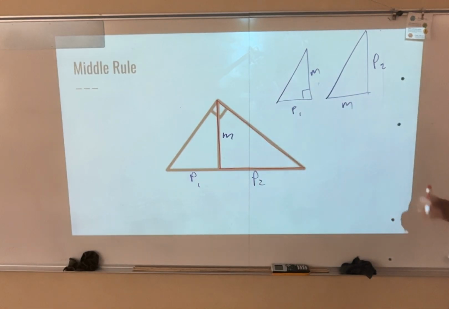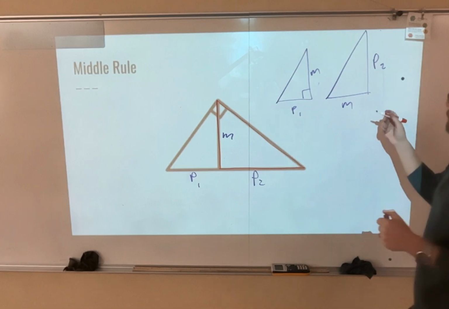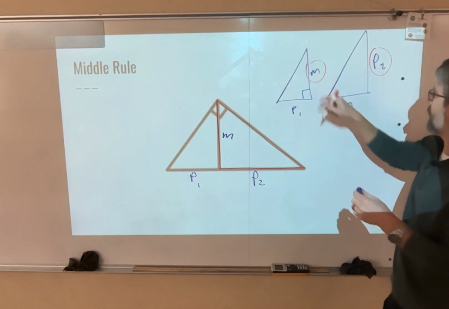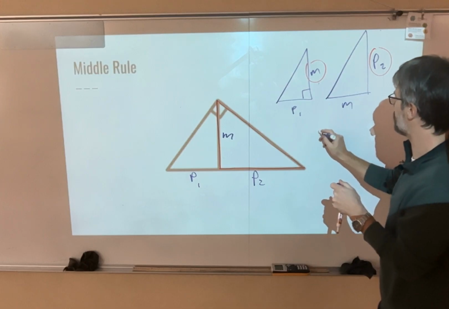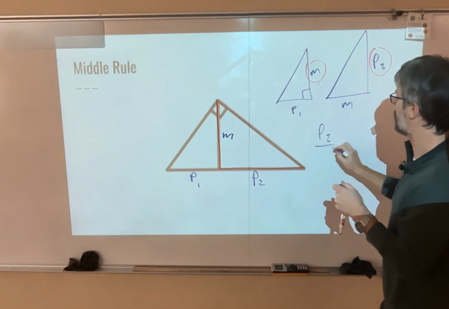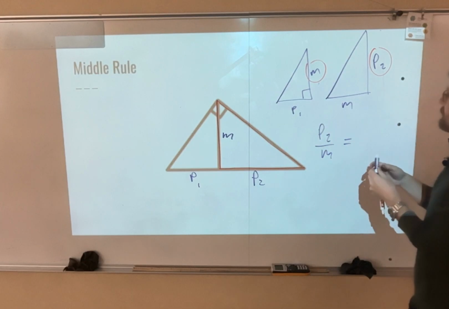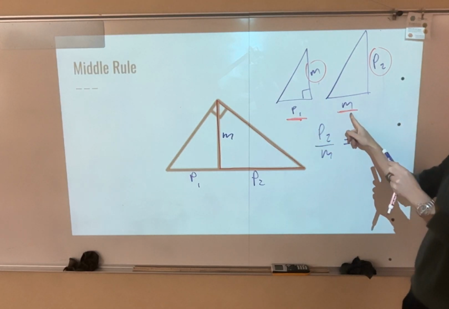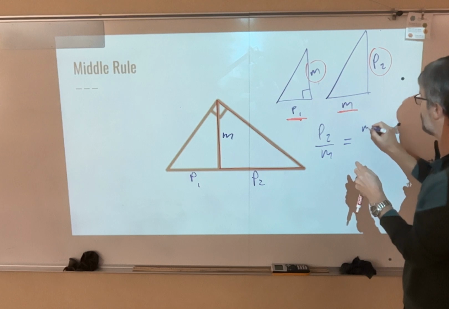Well, we know that these are similar triangles, and so that means that the ratio of the heights, P2 over M, is going to equal the ratio of the bases. And I go in the same direction, so the M is on top now, and the P1 is on the bottom.